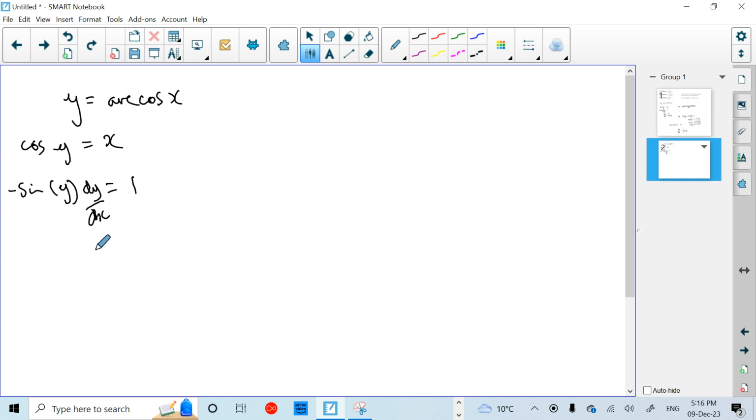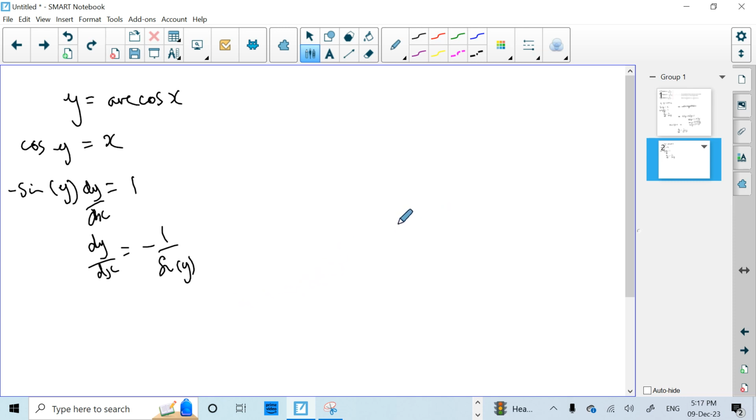So similarly to before, dy/dx is equal to minus 1 over the sine of y.